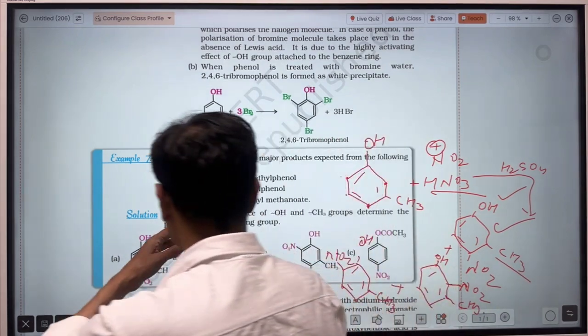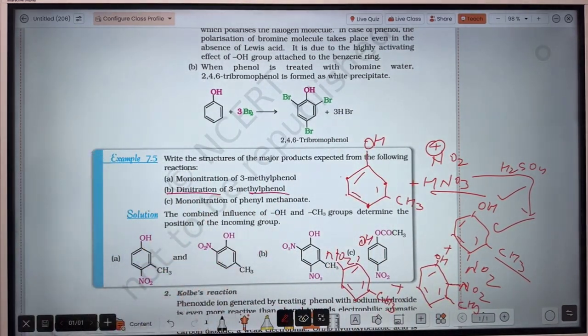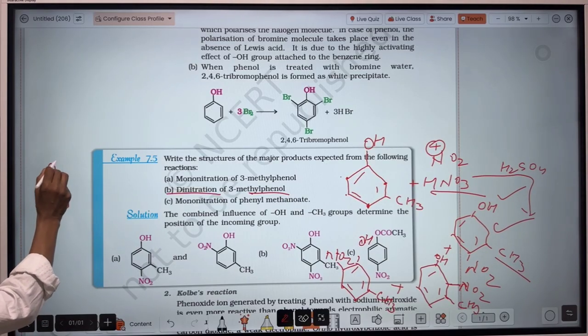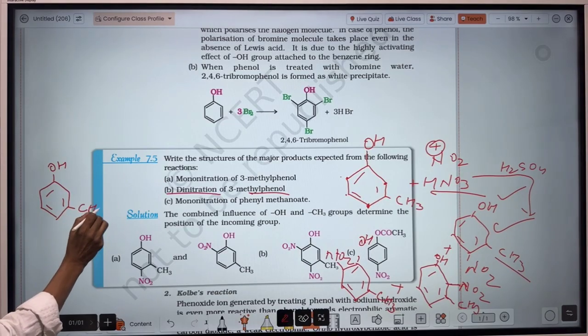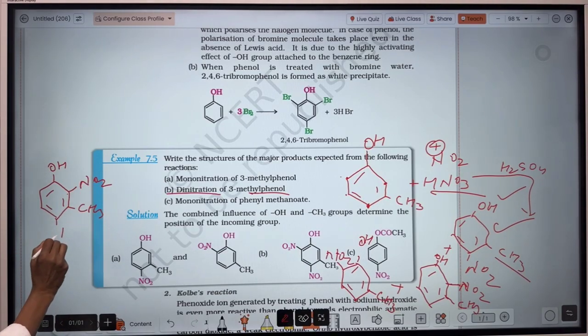Okay. Now second question here. So dinitration. So one NO2 you attach here and one NO2 here. No, not here. Why?